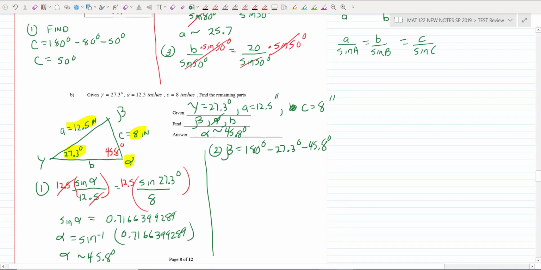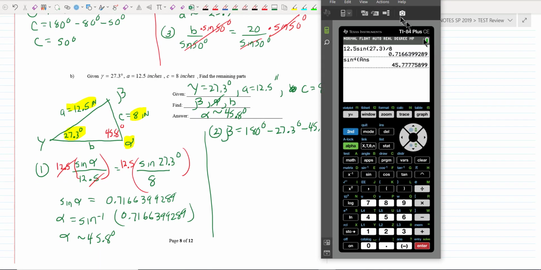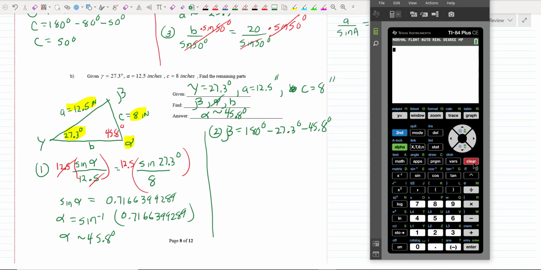I'll crunch that on my calculator: 180, subtract 27.3, and subtract 45.8. It looks like angle beta is about 106.9 degrees. So that gives the second answer to the problem.